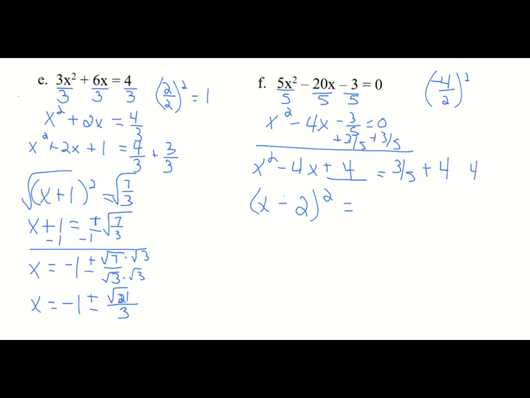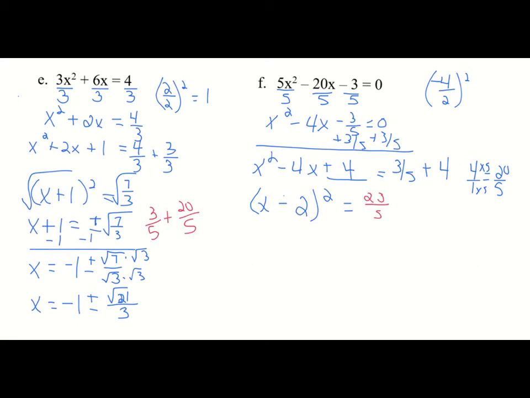So if I make it 4 over 1 and I want a denominator of 5, it means I multiply that by 5 and I multiply that by 5. So we're adding together 3/5 plus 20/5, which is the same as 4. And that's going to give me 23/5.